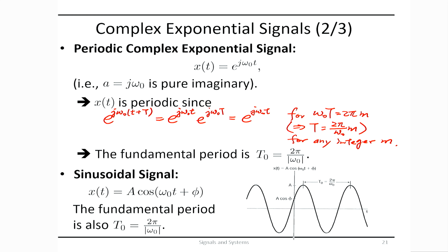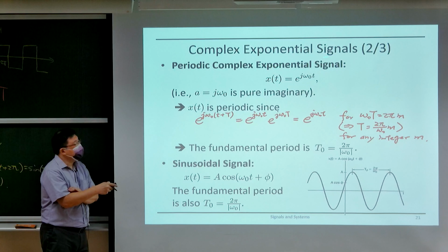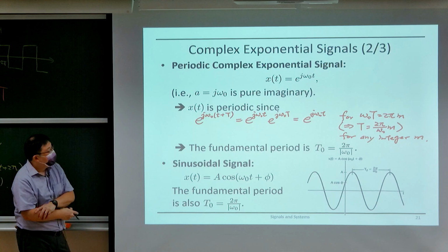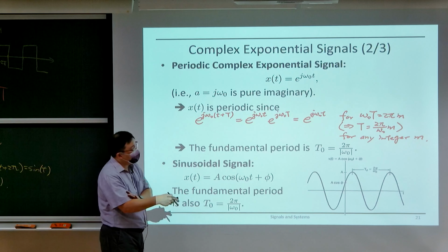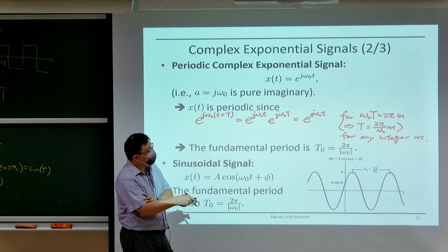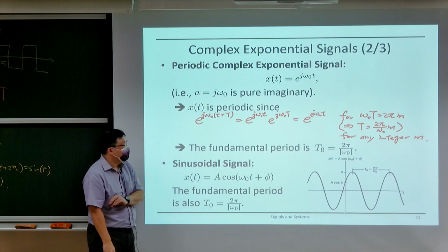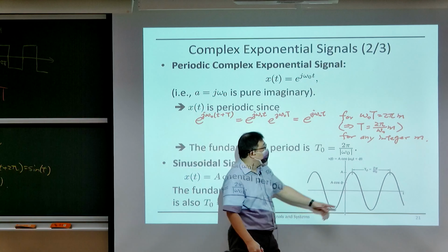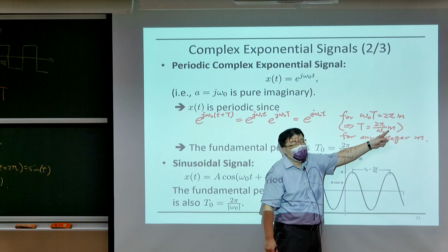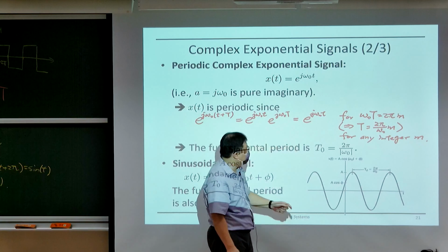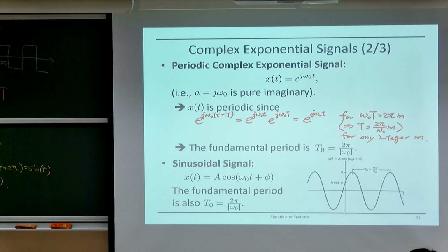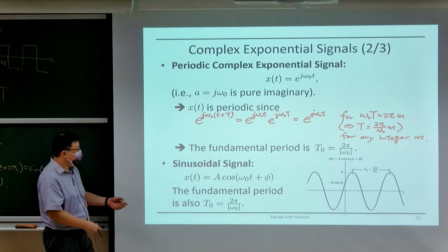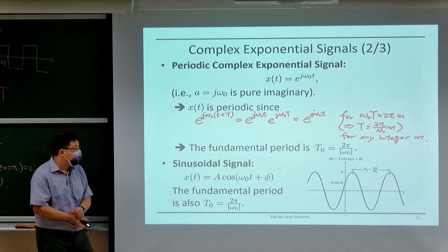Because this signal repeats itself for any integer multiple of 2 pi over omega naught, the smallest period you can find is when m is equal to 1, and therefore 2 pi over omega naught is the fundamental period.